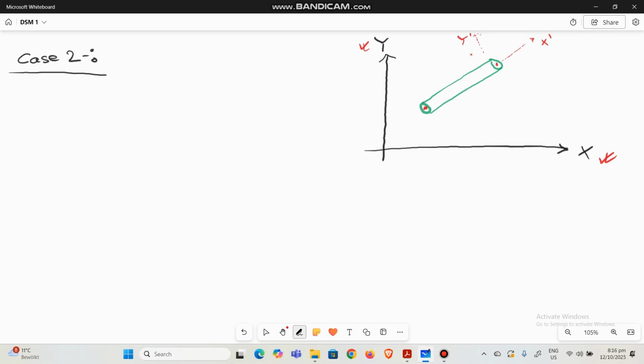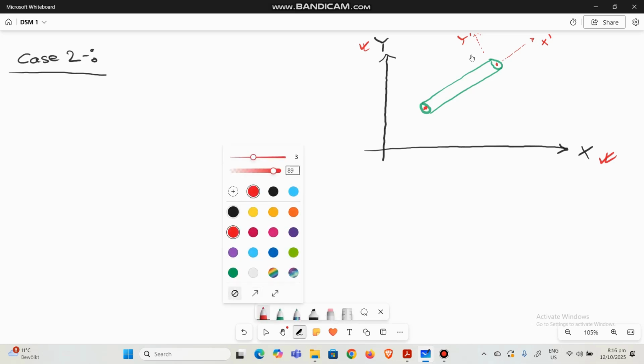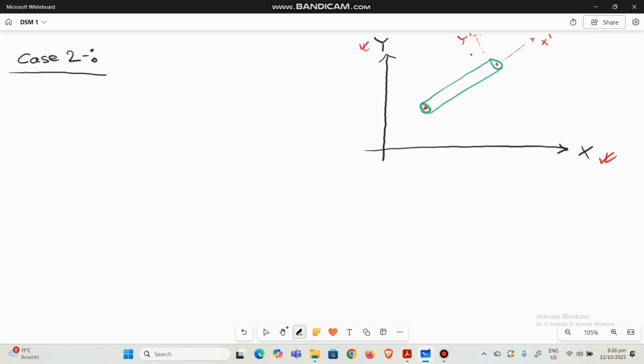So it's simple now, and let's use the black marker. Let's first deal with the global coordinate system.